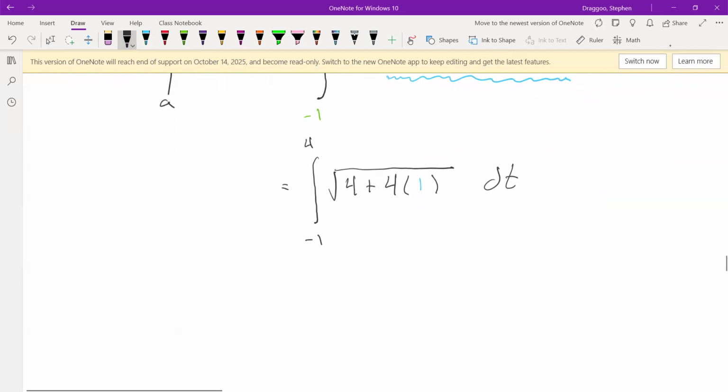And then that's got a pretty nice integral. That's just going to integrate to the square root of 8 times t. Evaluate that from -1 to 4. And that's going to be 5 times the square root of 8. Cool. And then if we really wanted to, I could pull another number out of there, call it 10 square root 2. But I don't think that's strictly necessary.